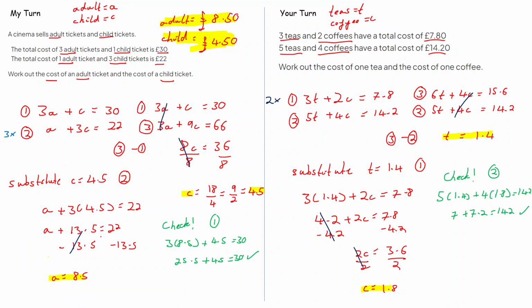But just be careful to get the extra mark here. It's in a context, right? There's meaning to the question. It's in terms of money here. We can say that the value of the tea, so work out the cost of 1 tea and 1 coffee.